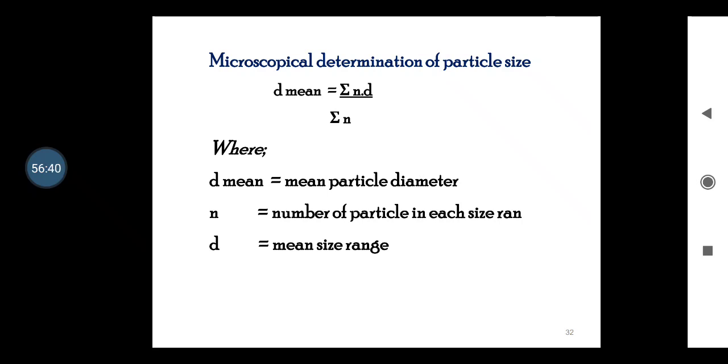Okay, so the formula: d mean is equal to the summation of n into d upon summation of n, where d mean is your mean particle diameter, whereas n is your number of particles in each size range, and d is nothing but your mean size range.